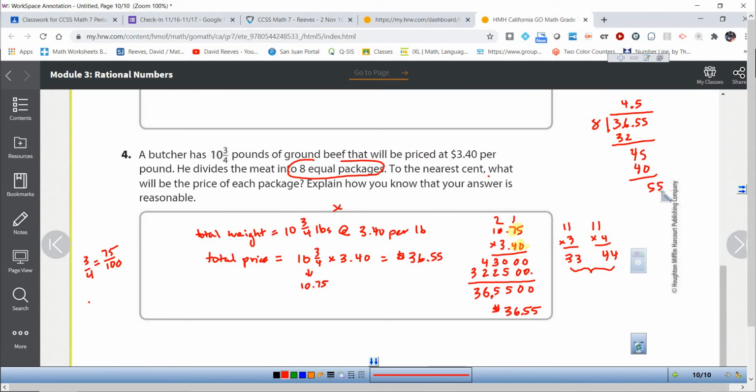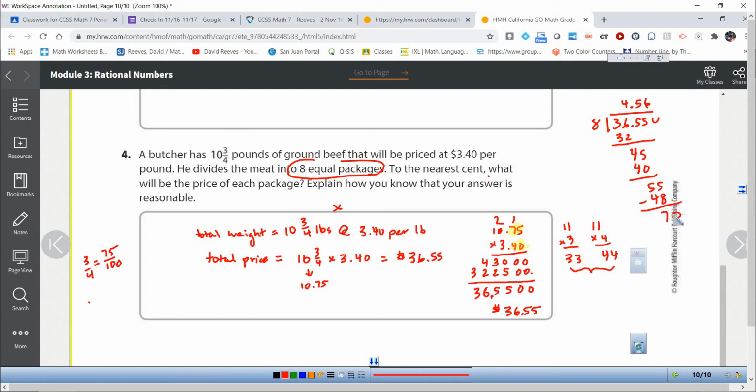All right, 8 does not go into 55 evenly. Let's see, 8 times 6 is 48. 8 times 7 is 56. Oh, so close. 6, so we get 48. All right, and 55 minus 48 is going to be 7. All right, and then I'm going to bring down a 0.